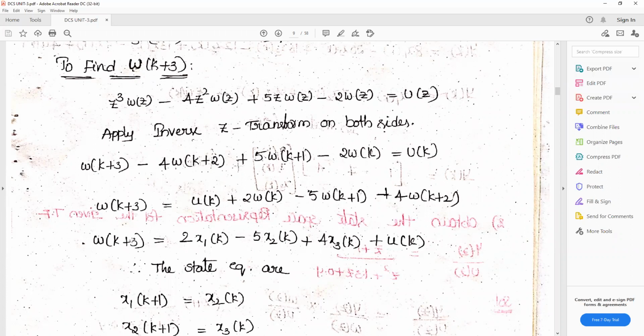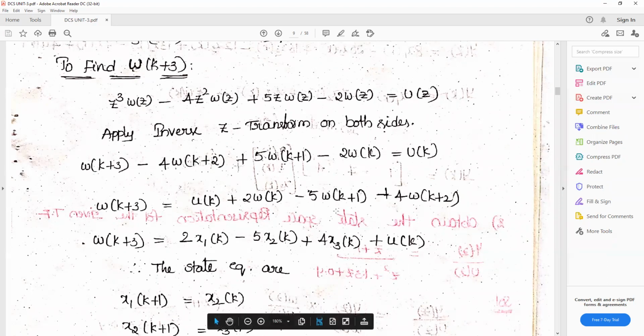So omega of k plus 3 is equal to u of k plus 4, minus 5, plus 2 into omega of k. Here x1 is omega of k, x2 is omega of k plus 1, x3 is omega of k plus 2, plus u of k.